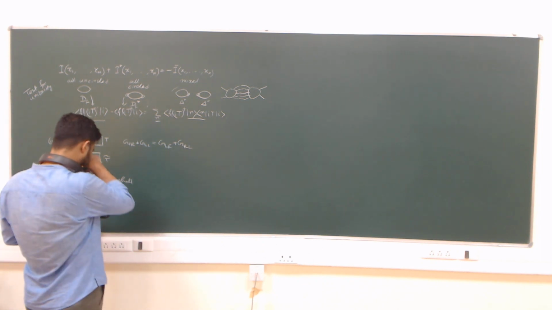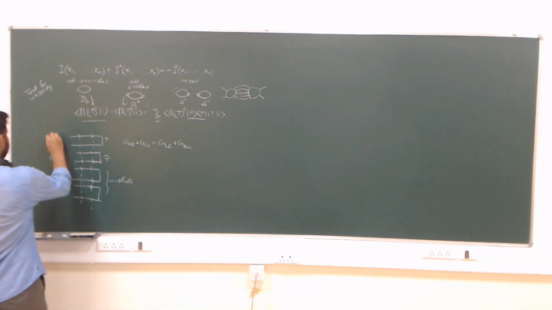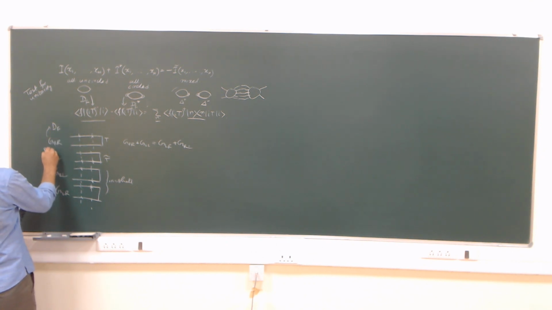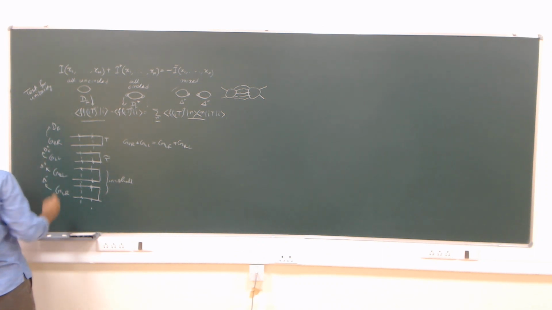So now what we can do is we can identify this with D_F, this with D_F star, this with delta plus, this with delta minus.